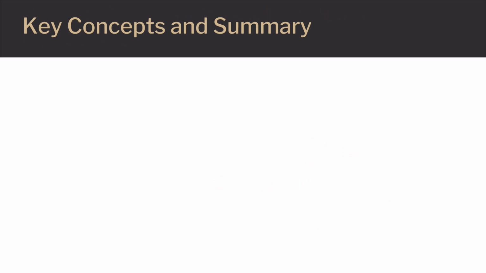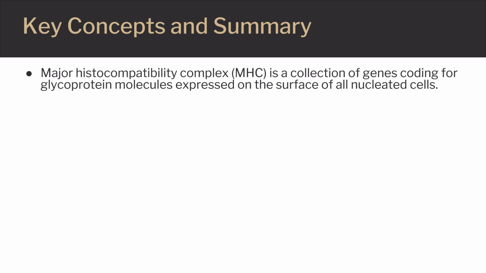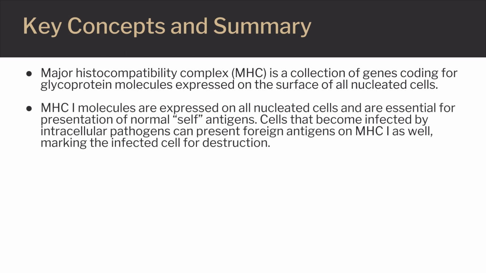Let's review some key concepts and summarize. Major histocompatibility complex, MHC, is a collection of genes coding for glycoprotein molecules expressed on the surface of all nucleated cells. MHC1 molecules are expressed on all nucleated cells and are essential for presentation of normal self-antigens.